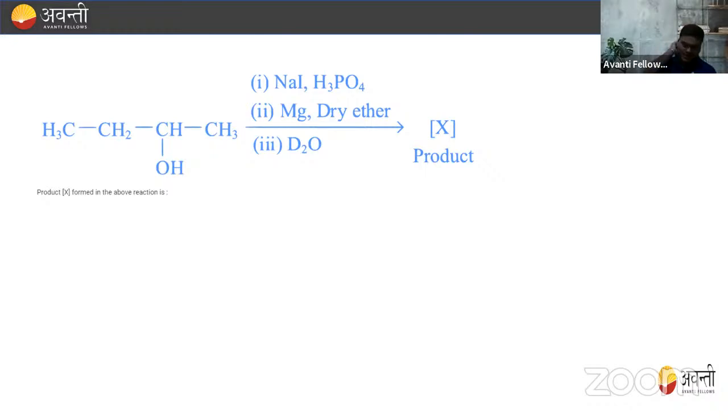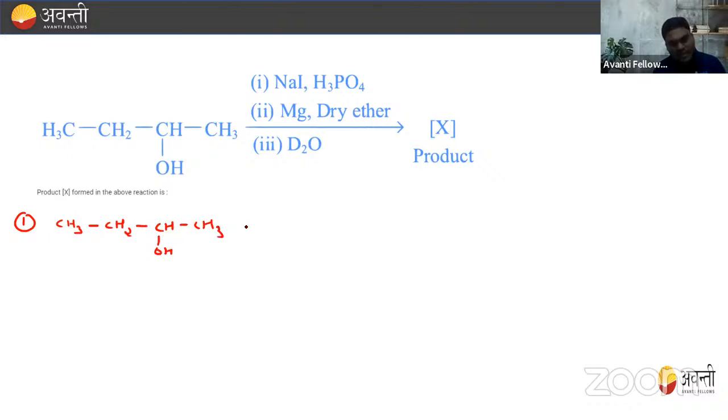This is a secondary alcohol, and we treat the secondary alcohol with NaI and H3PO4, in the next step with Mg in dry ether, and in the third step with hydrolysis using D2O. I will explain it. So this is CH3, CH2, CH, OH and CH3.